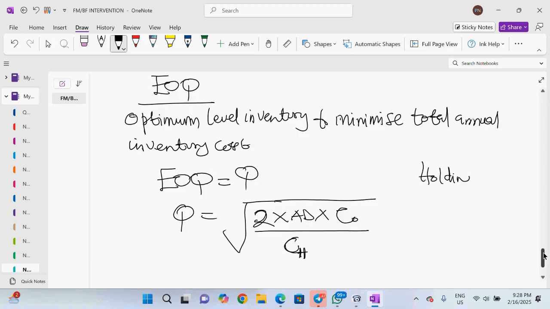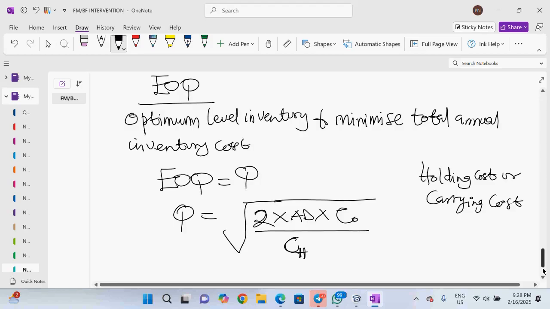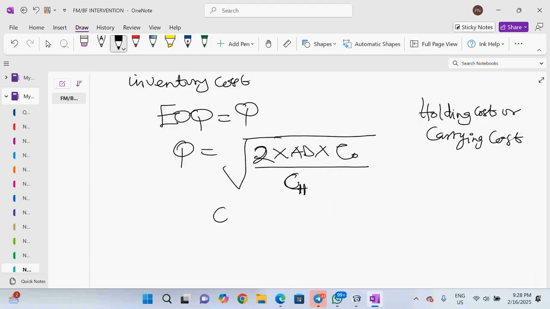Holding cost is also sometimes known as carrying cost. Right. So now, the CO is the ordering cost per unit, or let me say the fixed cost per order, when you order.